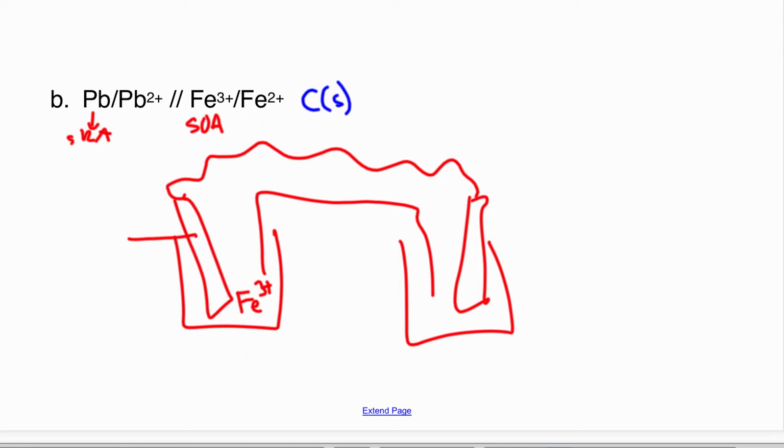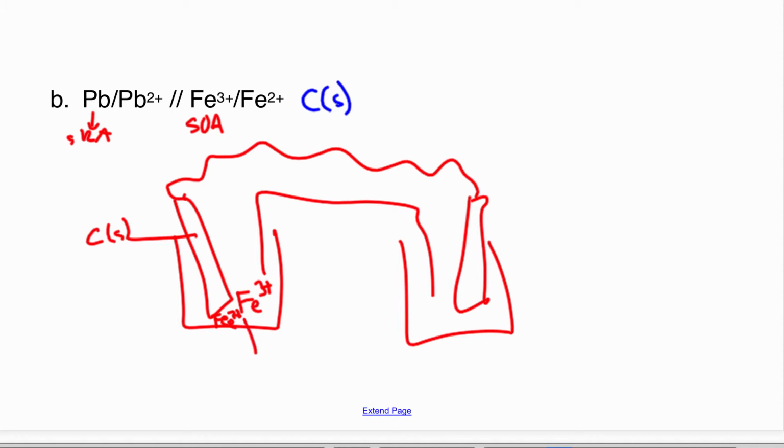So this electrode, the cathode, will be carbon or an inert one. The Fe2 plus ions will be in here as well, but as electrons come in, iron will accept them and change from an iron 3 plus to an iron 2 plus.